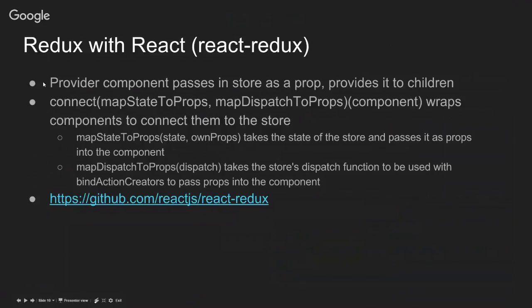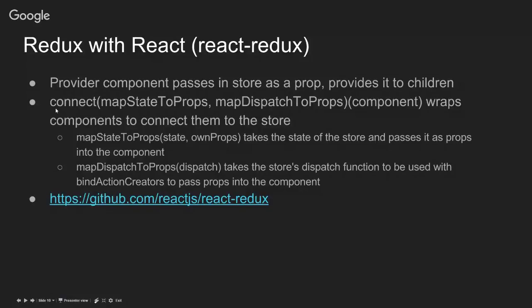And then the provider will, in the background, pass down the store to all of its child components. And then they can listen to it by connecting to it. So connecting is, if you happen to have used our web app and have seen the localization, there's an inject intl function, which gives the component access to a function that'll do any sort of localization you need. This is a similar idea.